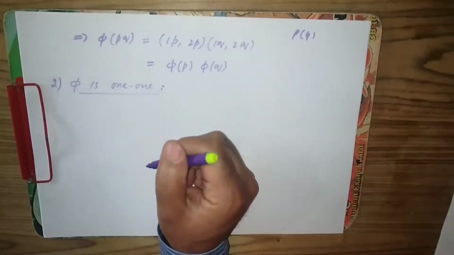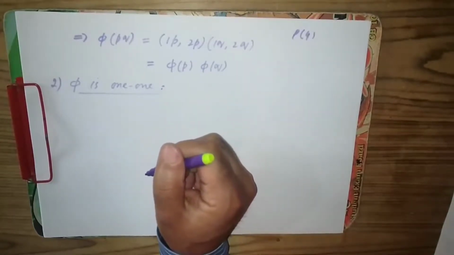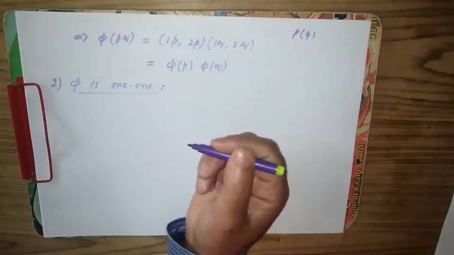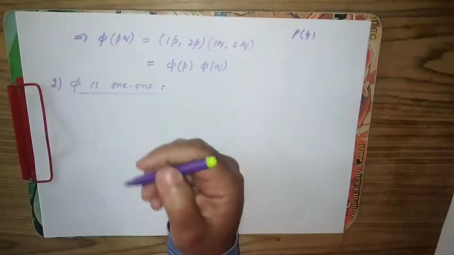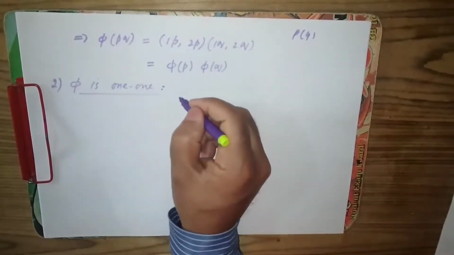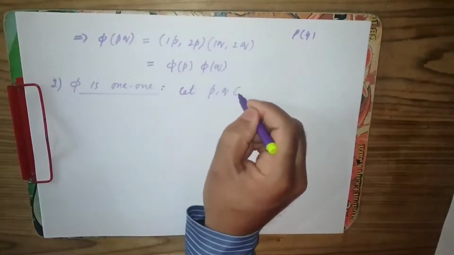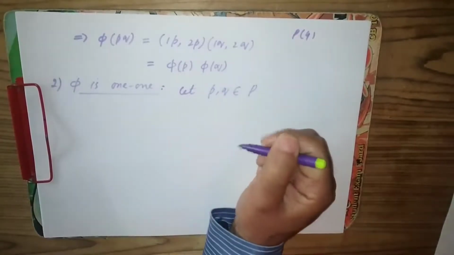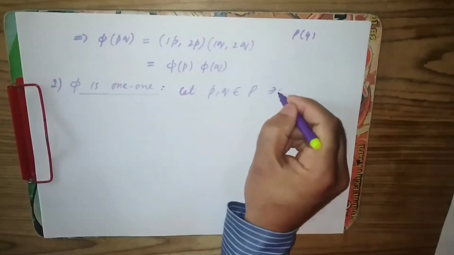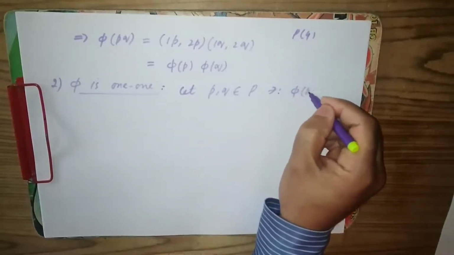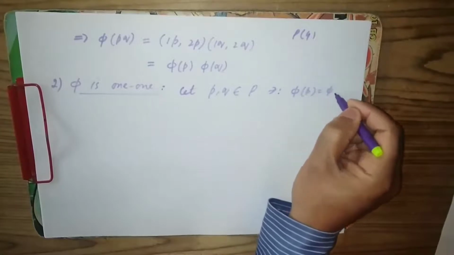So we choose any two elements of P, and we assume that the images are equal. Then we show that these two elements are also equal. So let p, q belong to P such that phi p is the same as phi of q.